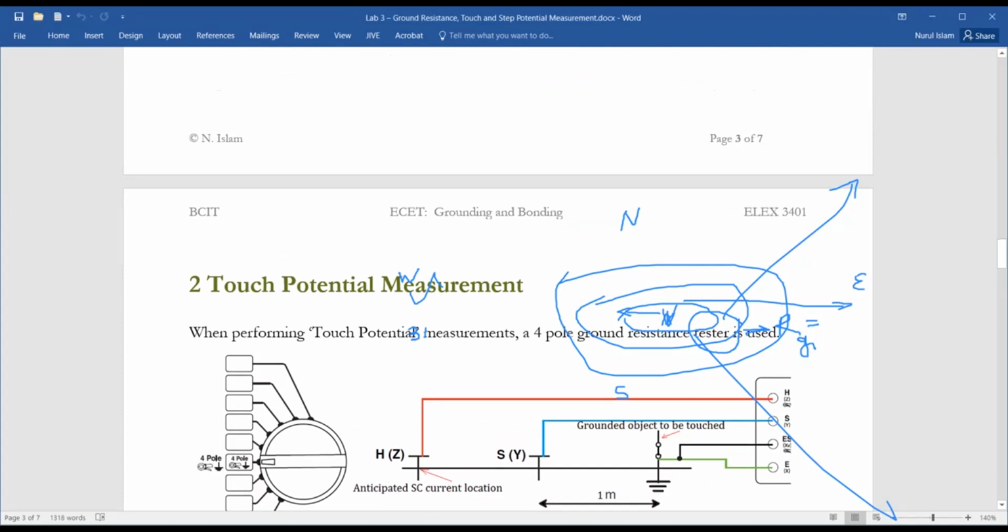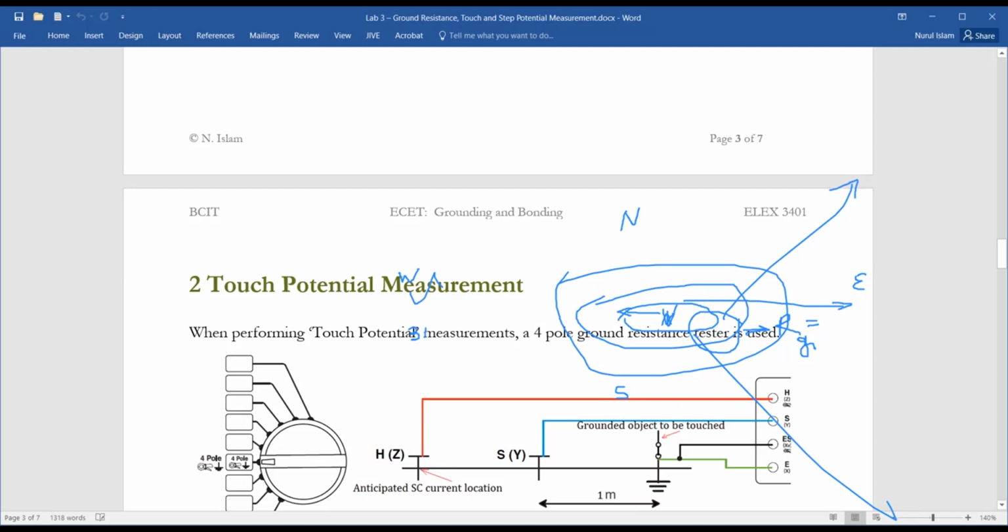And this auxiliary electrode, definitely you have to inject current, and this will act as the fault current or short circuit current. Okay, and this Y lead you will use in order to measure the touch potential, and definitely you have to drive this Y lead only 1 meter away from this grounded object.